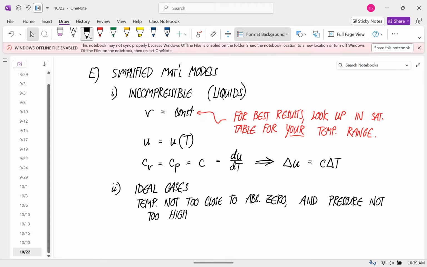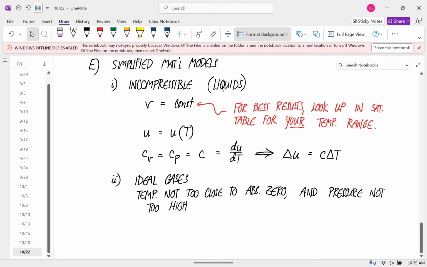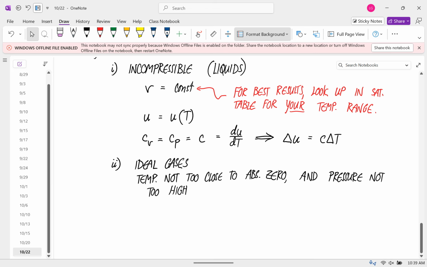And I have 4 results listed for this one. The first one is the ideal gas law. So P times specific volume is equal to capital R times the temperature. And remember that the R that we're using there is the universal gas constant divided by the mass per mole.